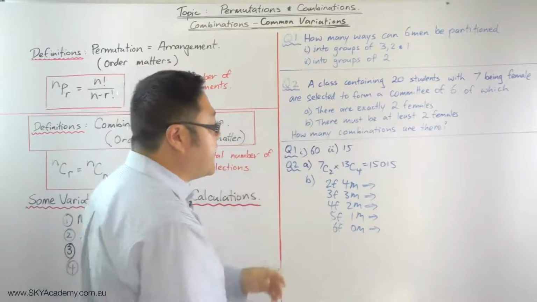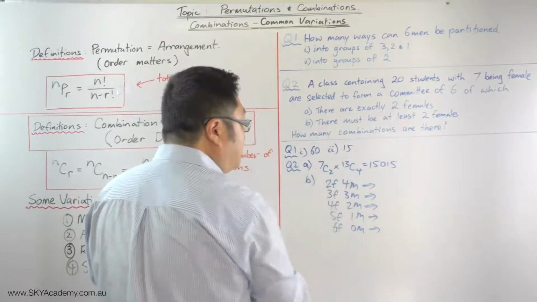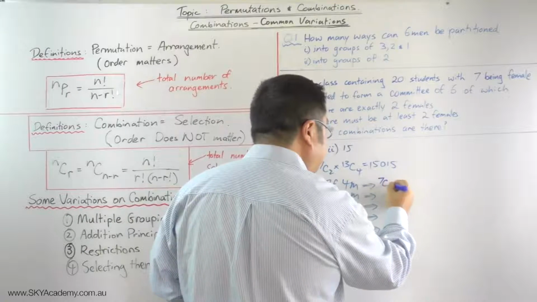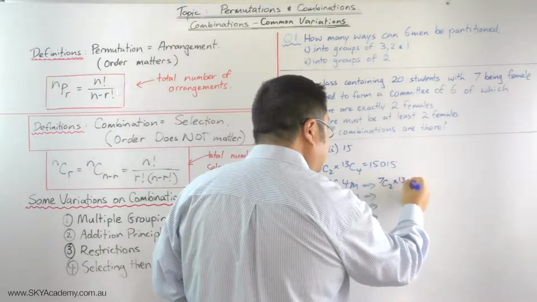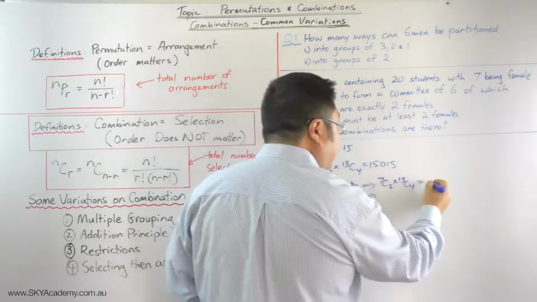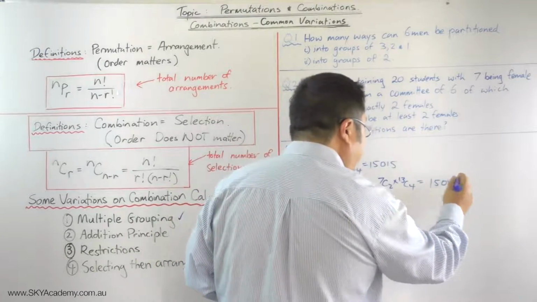So let's work that out. 2 females, 4 males. Obviously, it's 7 choose 2 times 13 choose 4, which we worked out over here, which was 15015.